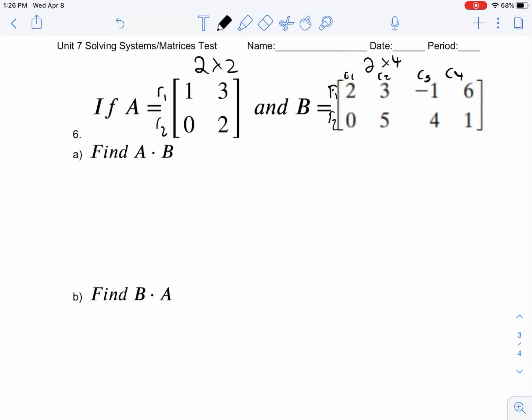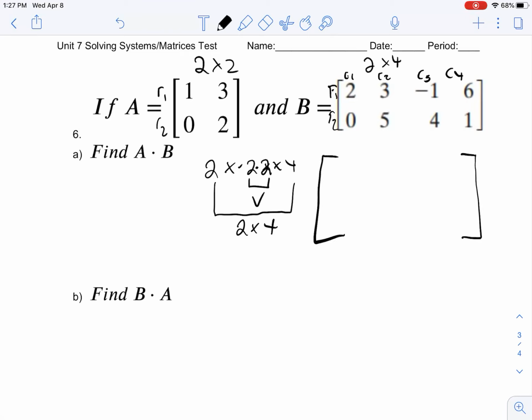So when we're doing this, we take a 2 by 2 times a 2 by 4. The two center numbers need to be the same value, and your new matrix is going to be a 2 by 4. So we know that our answer is going to come out as a 2 by 4.